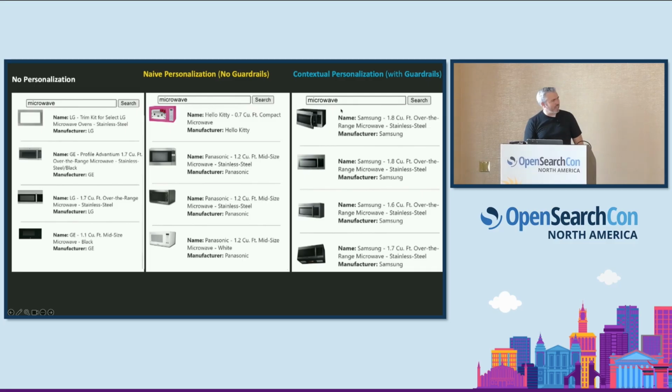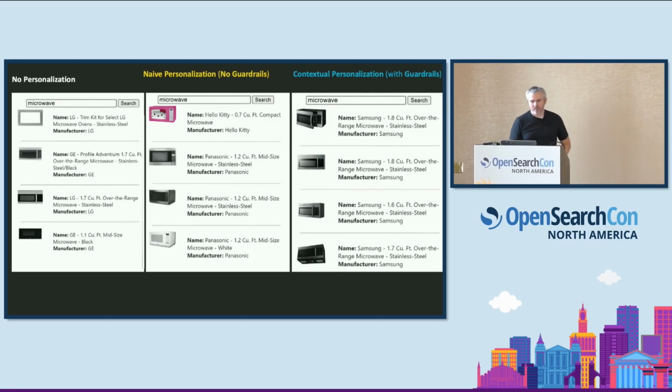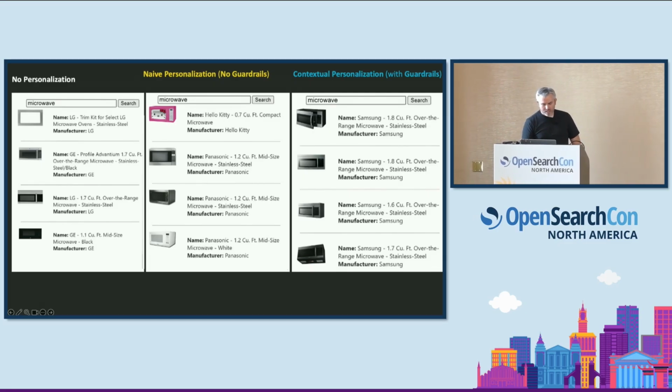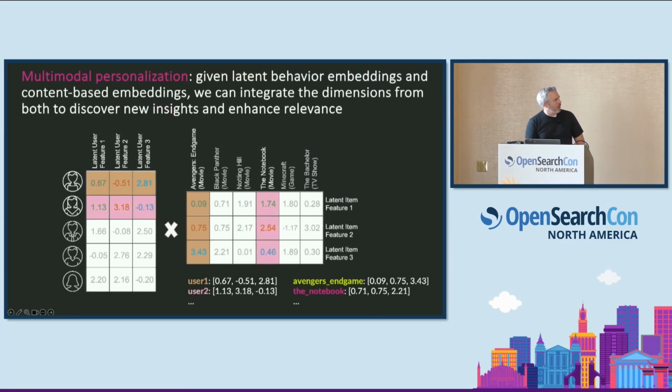So when they search for microwave, I'm finding Samsung stainless steel microwaves at the top of the results, because those are associated with the previous interactions related to this category of kitchen appliances. So that's a way to do this.